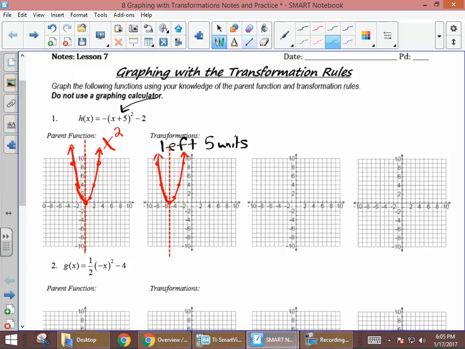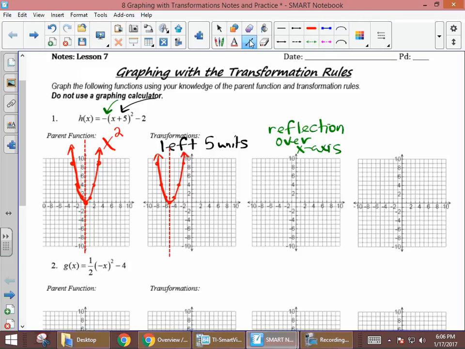The next, it says you have a negative out front, which is going to be a reflection over the x-axis. Remember, that changes your y when we flip it over the x-axis. So our axis of symmetry is still in the same place.